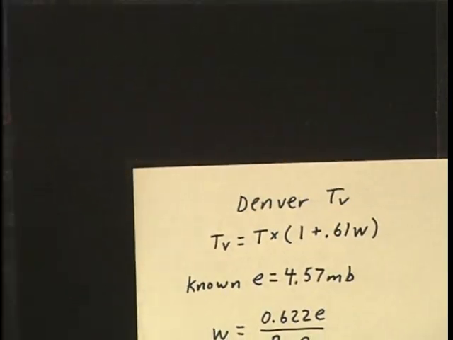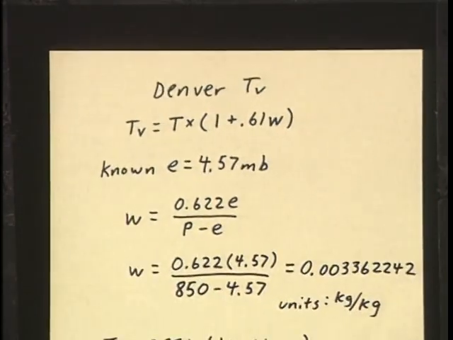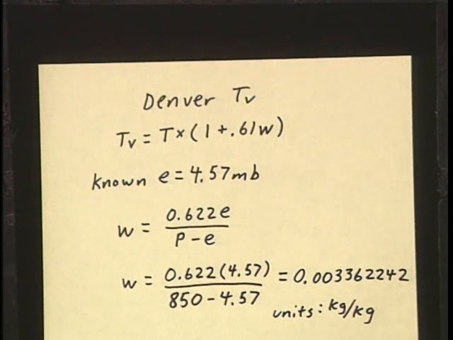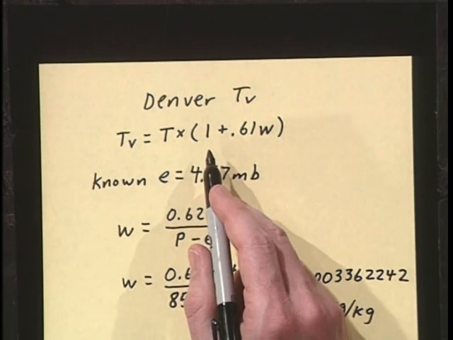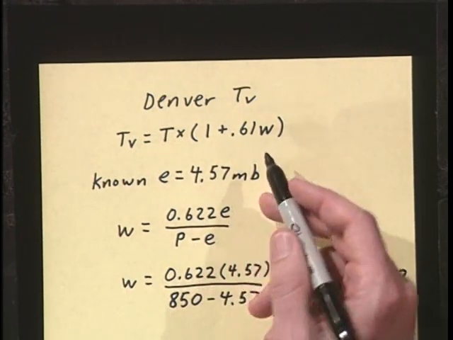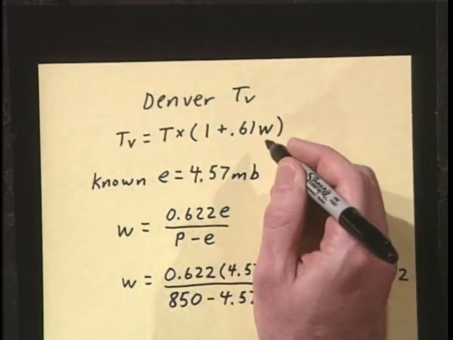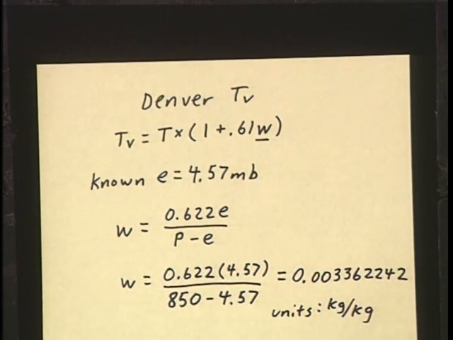Next, we wanted to find what the virtual temperature of the air was in Denver. So to find that, we'll take our equation, the virtual temperature is equal to the temperature times 1 plus 0.61 W. So we need to find what W is, and if we can do that, then we can find what the virtual temperature is.